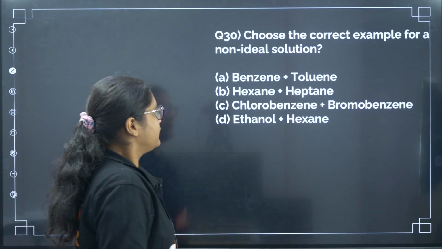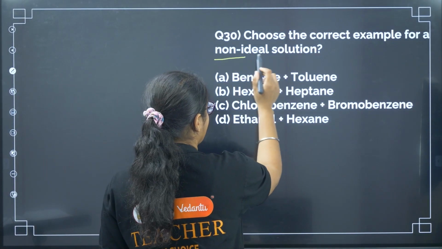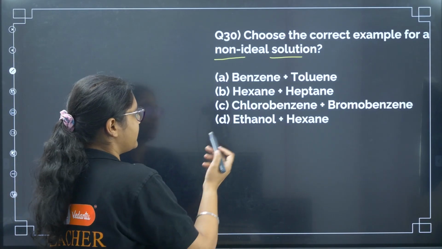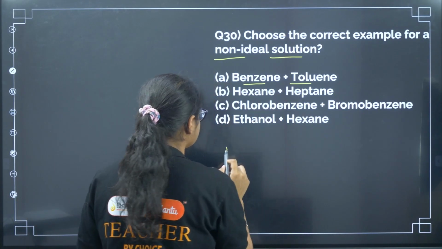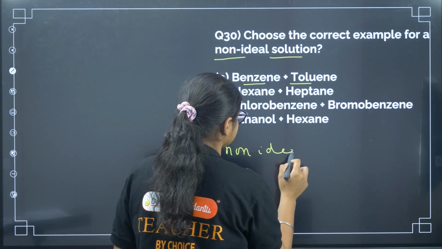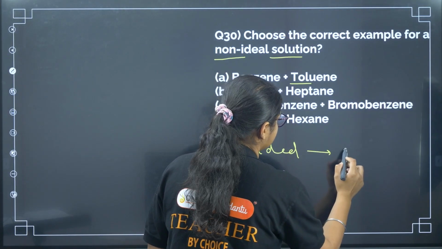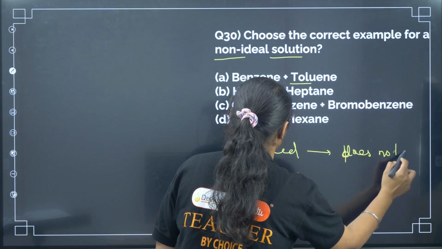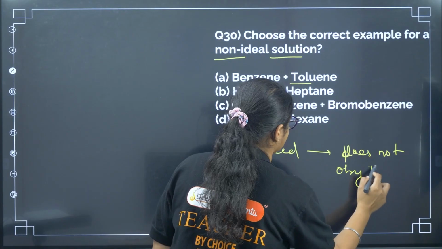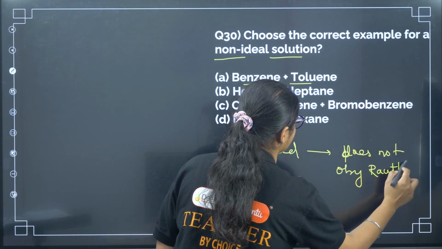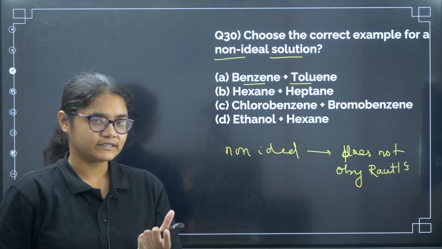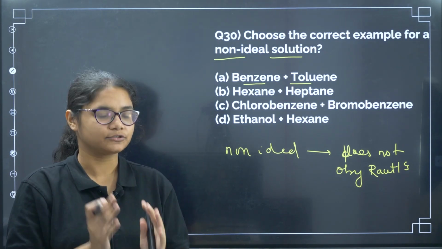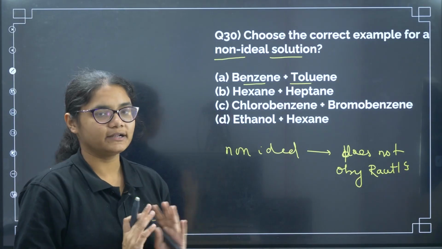Okay. Next, choose the correct example for a non-ideal solution. What are the conditions? They should not follow Raoult's law. If the intermolecular forces increase, that is, the attraction increases or decreases, they will form a non-ideal solution.